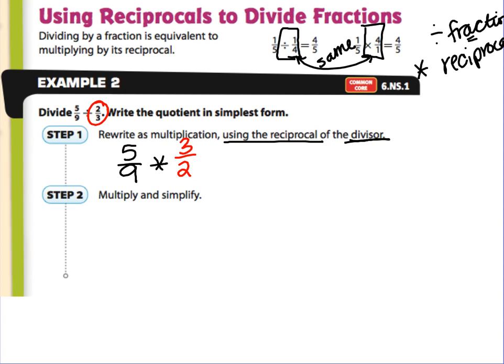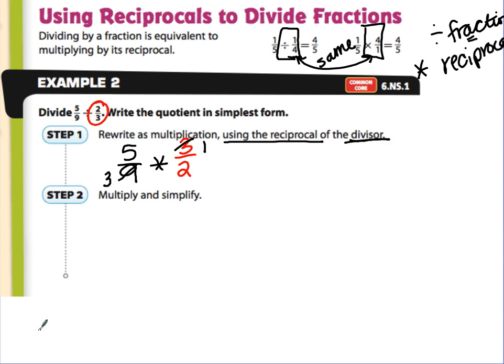Now I can use my cross simplification, or I can use the GCF to simplify at the end. I'm going to use cross simplification to help you get a little more familiar with it. Well, 5 and 2, the GCF is 1, but 9 and 3, the GCF is 3. So divided by 3, I get 1. Divided by 3, I get 3.